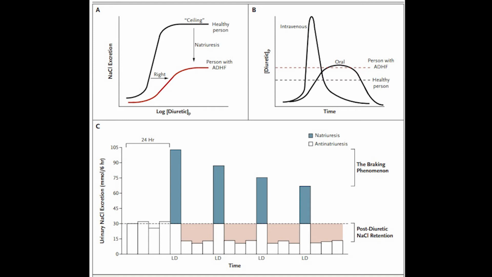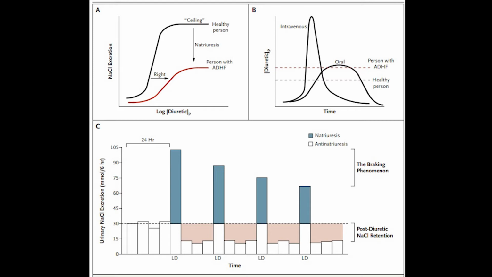Below the threshold concentration, there's zero efficacy of any loop diuretic. The threshold is the concentration it takes to fully saturate a transporter, one of the 2 transporters that we talked about briefly, and the ceiling is the maximum amount of natriuresis that a specific loop diuretic could get.